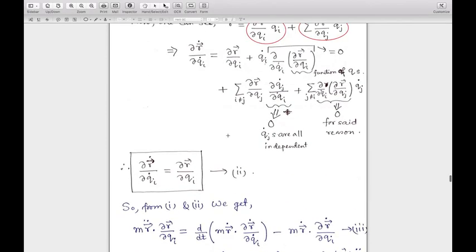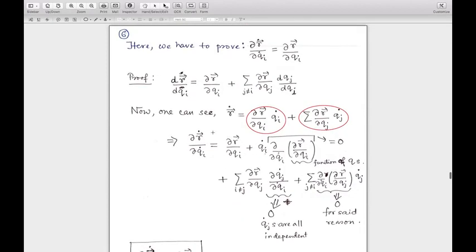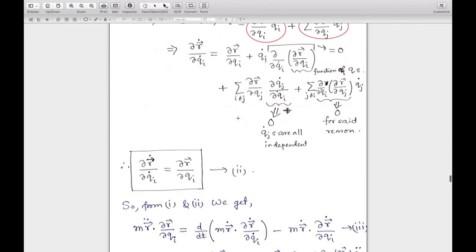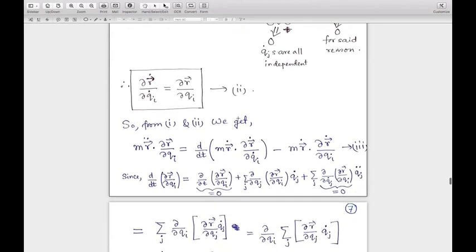Here again I am saying that you should do it at home. Just now think r is also a function of time. There is an explicit dependence on time as well, and prove this result for that too. You will see the same result holds.